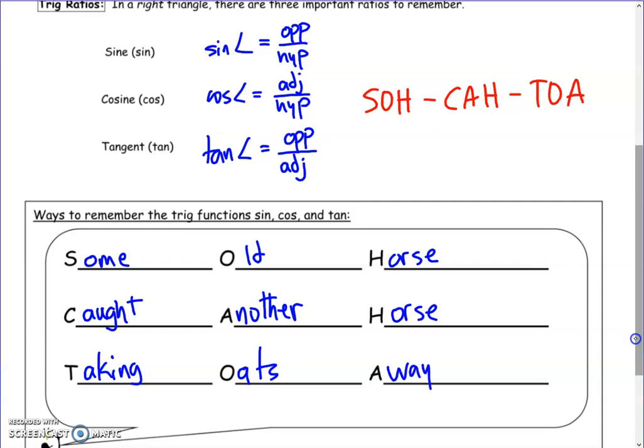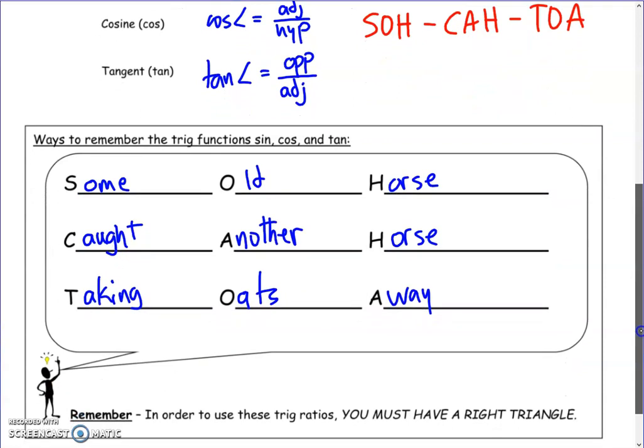So some old horse, there's your SO, sine equals opposite over hypotenuse. Caught another horse, there's CA, cosine equals adjacent over hypotenuse. Taking oats away, there's your TOA, tangent equals opposite over adjacent. So whatever you use to remember it, you need to know those three ratios.